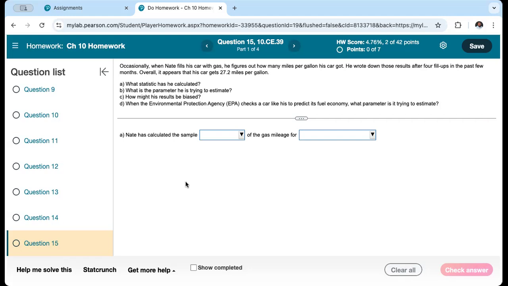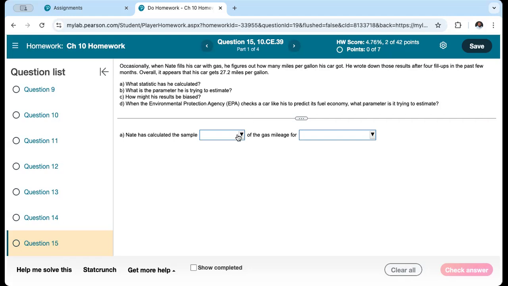Okay. I also agree with what they have said, because when you read it, it says that when Nate fills his car with gas, he figures out how many miles per gallon his car got. He wrote down the results after 4 fill-ups in the past few months. So overall, it appears that his car gets 27.2 miles per gallon. So that's on average, right?